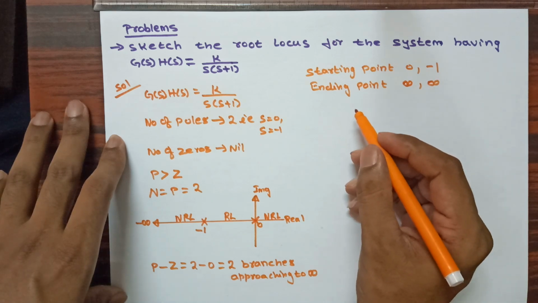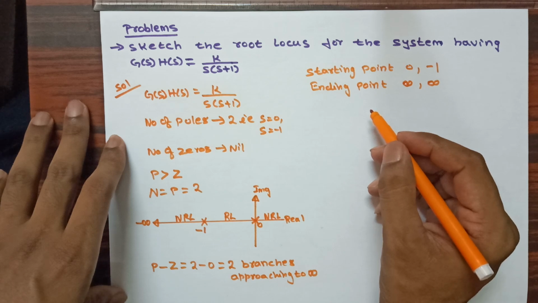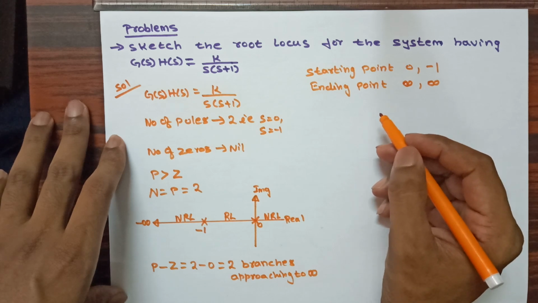Now next, we know that when any branch approaches infinity we need to provide an angle for that.